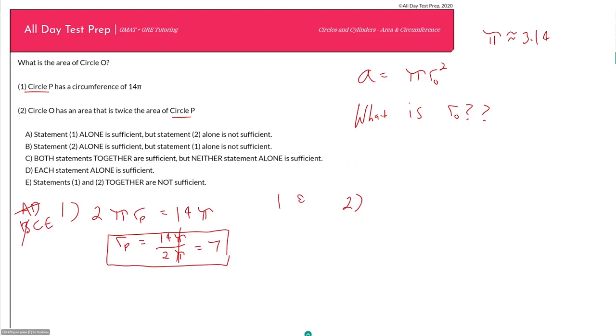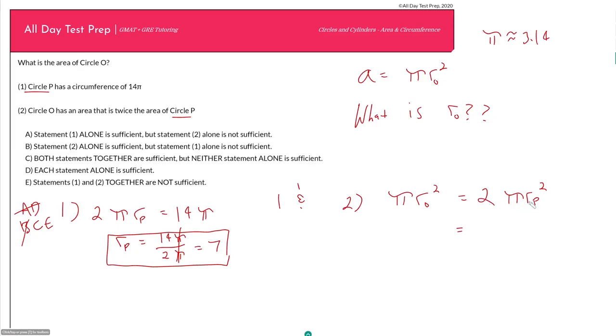Now, if I'm looking at them together, what do I know? I know from my first statement, the radius of circle P is equal to 7. And then I know from statement 2, so circle O has an area, so the area of circle O is pi r_O squared, and that is twice the area of circle P. But we already found the radius of circle P, so we should be able to find its area.